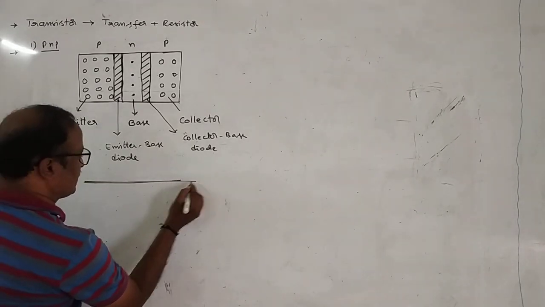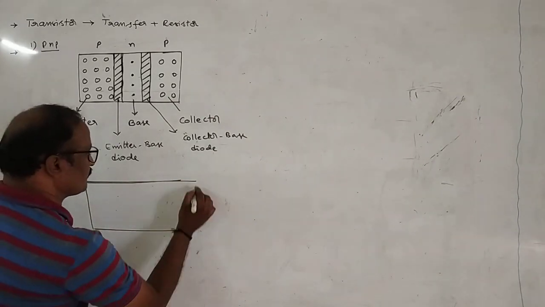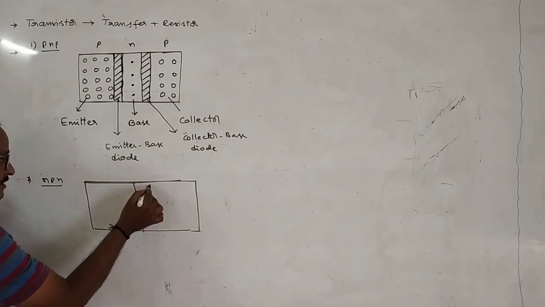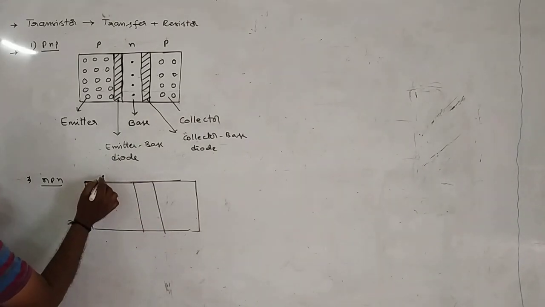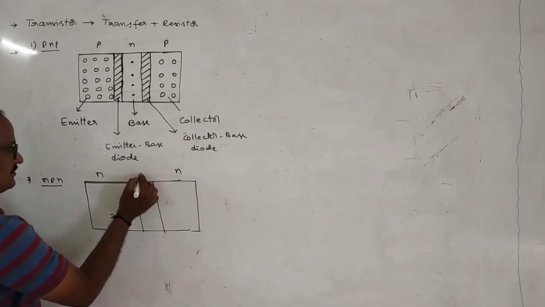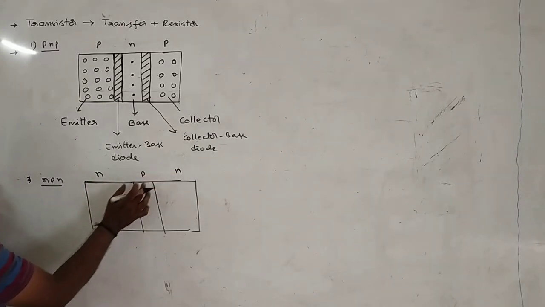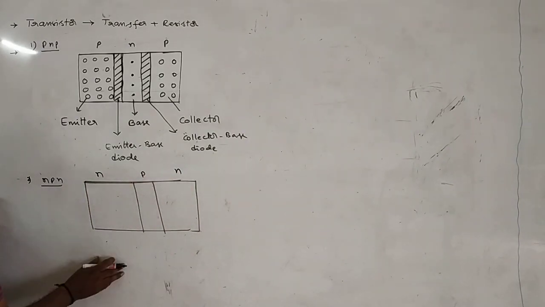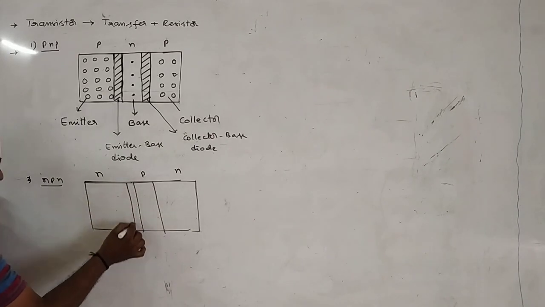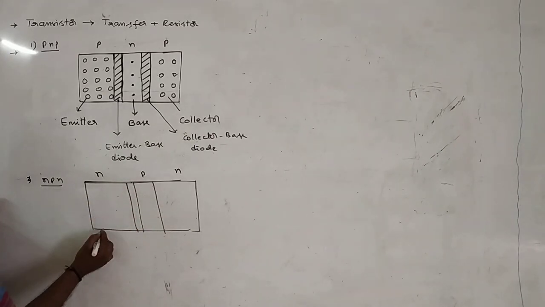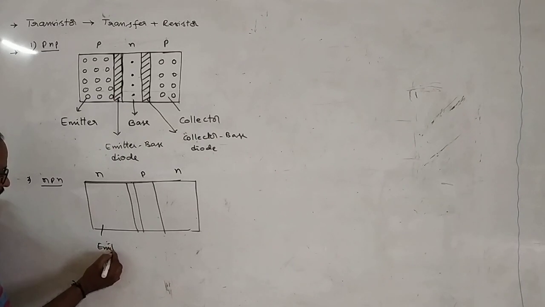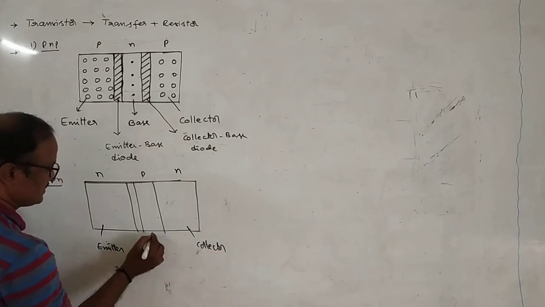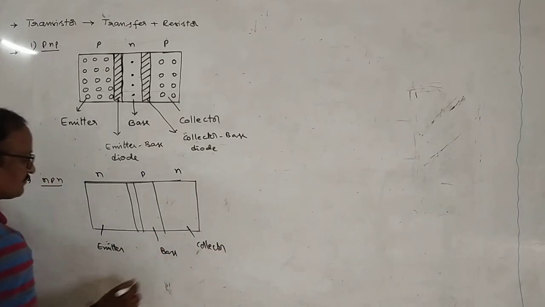In the case of an NPN transistor, a p-type material is sandwiched between two opposite n-type materials: this is N, this is P, and this is N. This forms the NPN transistor. Here also, this is the emitter, this is the collector, and this is the base of the transistor.